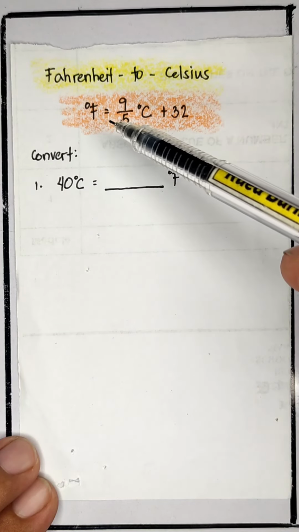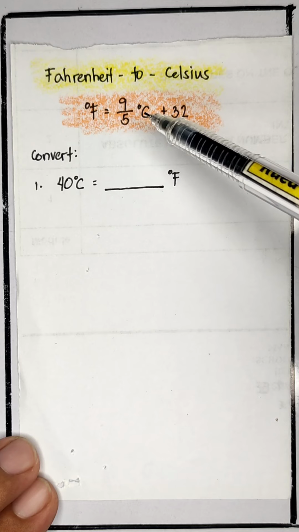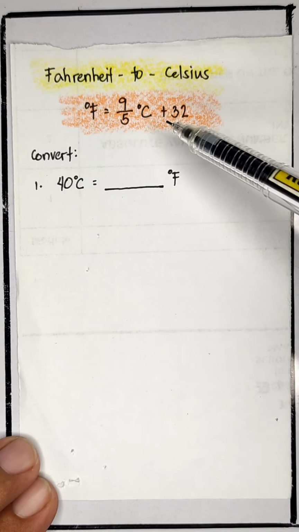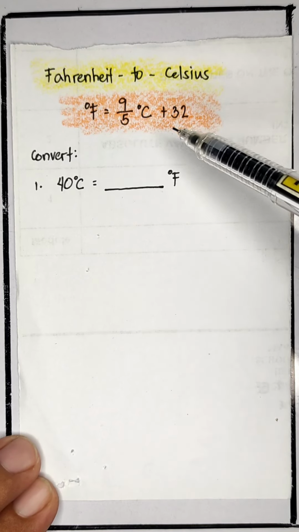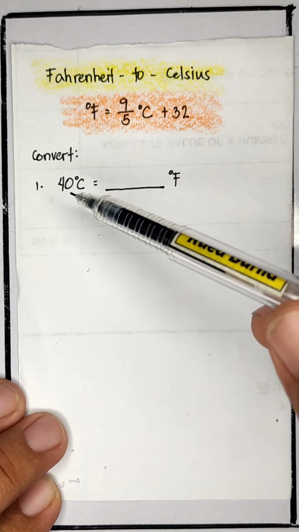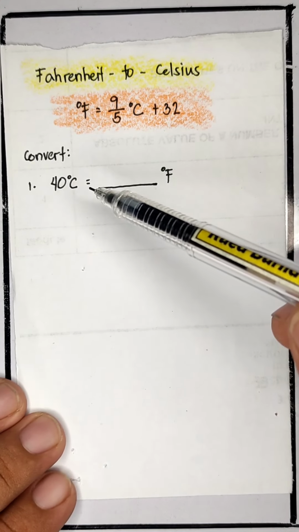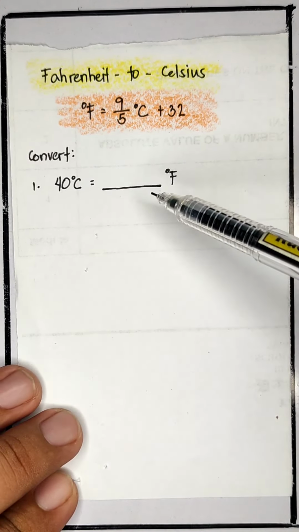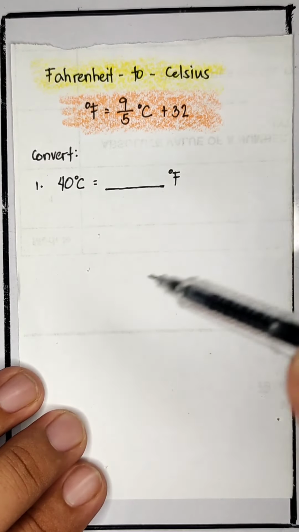Celsius to Fahrenheit: degree Fahrenheit is equivalent to 9/5 times degree Celsius plus 32. Example, convert 40 degrees Celsius to degrees Fahrenheit.